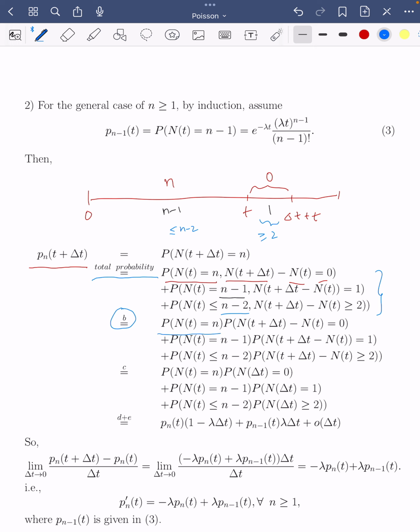The probability that N(t) equals n and the probability that N(t plus delta t) minus N(t) equals 0 will be equal to this probability. Okay, so we can rewrite these two probabilities in this form. So now we apply the stationary increments. So we know that this piece is equal to this piece.